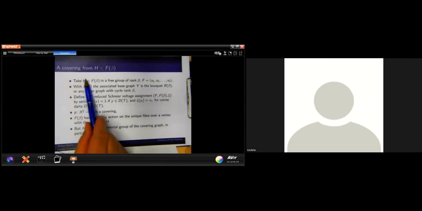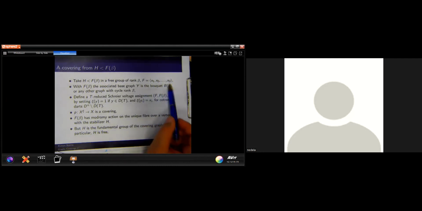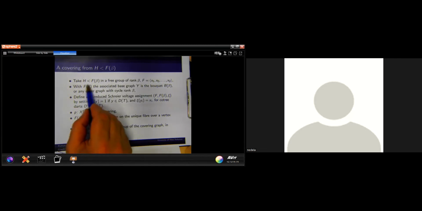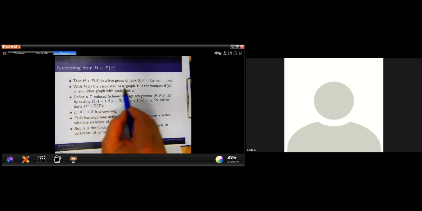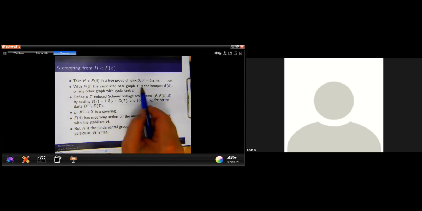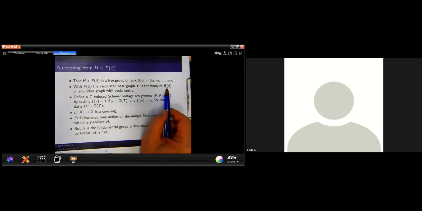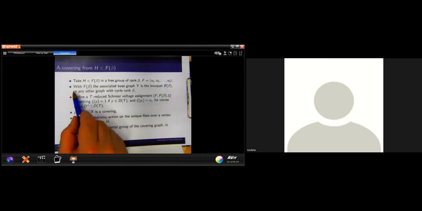So take a subgroup of the free group of rank beta. Let the group be generated by beta generators x1 to x beta. With this free group, we can associate the base graph. The simplest possibility is to take the bouquet, but we can take any other connected graph with cycle rank beta.